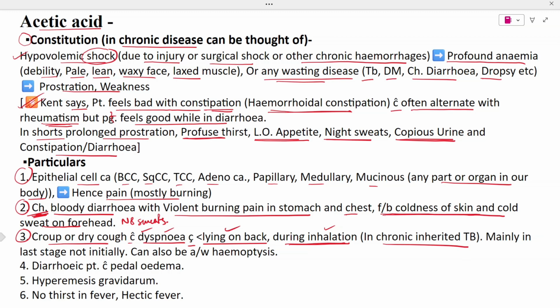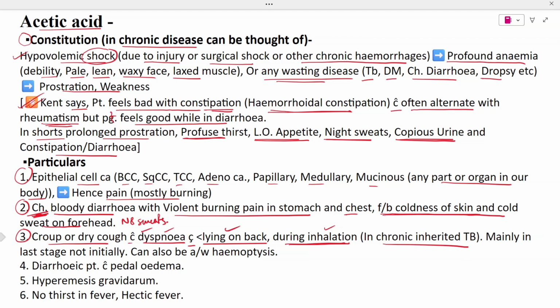So in TB, or tuberculosis, there is hemoptysis also. So there is a history of blood, the hemorrhagic diathesis of Aceticum acidum. And along with that, the patient's body suffers, and the patient becomes prostrated from long continued tuberculosis suffering. Though in India, we know that in case of tuberculosis, we must apply the allopathic drugs according to our government of India.